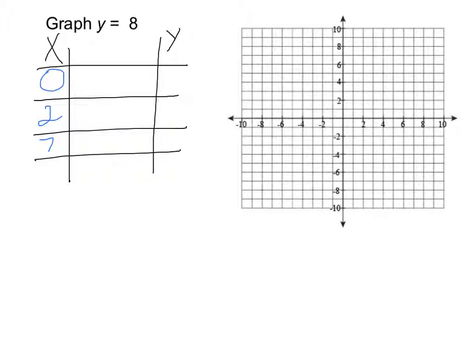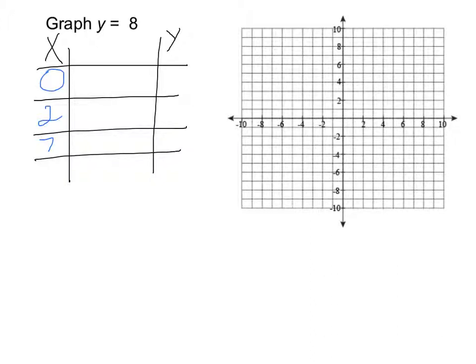Those are 3 good x values to use. Normally I would plug the x value in for x and simplify to figure out what y is equal to. But in this case you'll notice that I have no x in the equation, so I just have to use the equation to tell me what y is going to be.